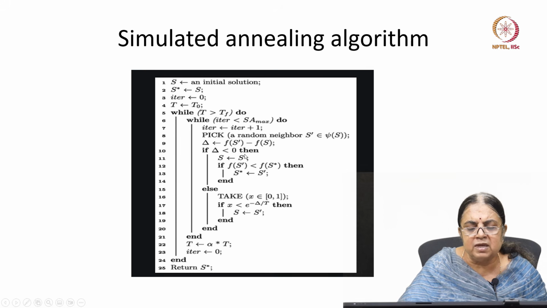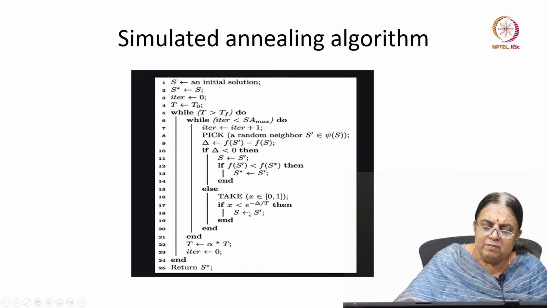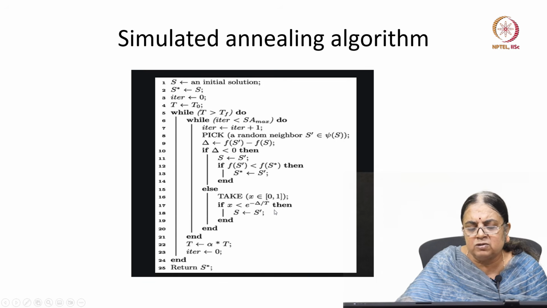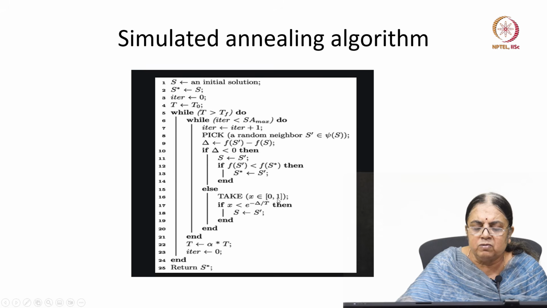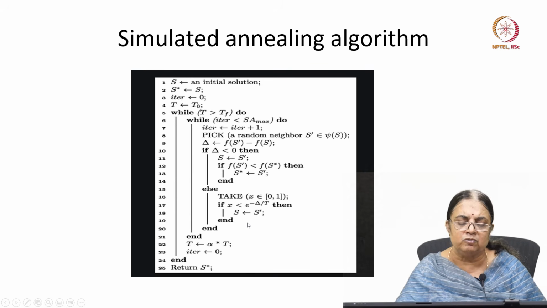If this is less than 0, you accept the new one as your present solution. But if it is greater than 0, the new solution is not as good as the old solution. So you find this probability, and you pick a random value x between 0 and 1, and if x is less than this probability, you accept it, otherwise you don't.